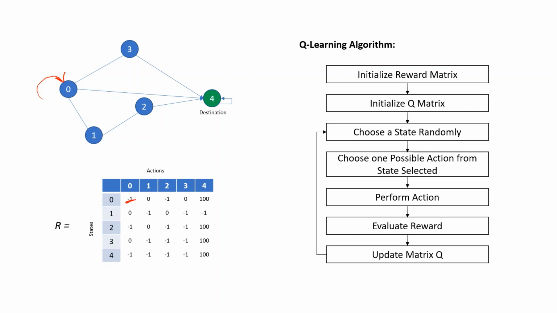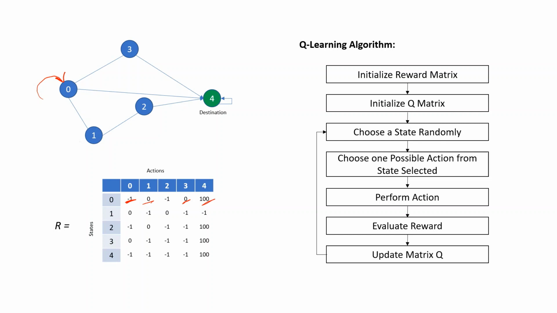Next, if the agent tries to go from 0 to 1, that is a valid action. But since it is not achieving the ultimate goal, we will put a 0 here. Again, from 0 to 2 is not possible. We put -1 again. From 0 to 3 is also possible. So we put a 0 here. And if the agent directly goes from 0 to 4, that is the most suitable path. So the reward value will be 100 here.